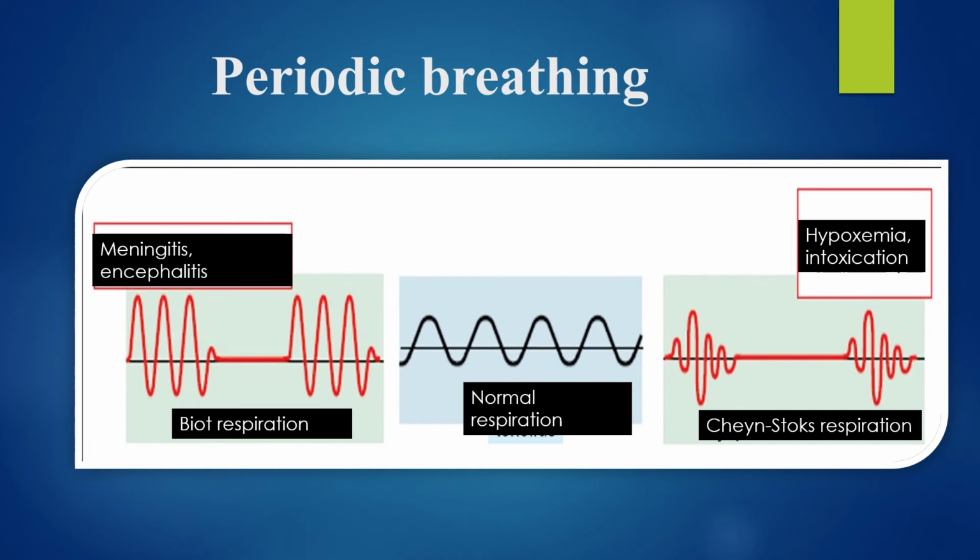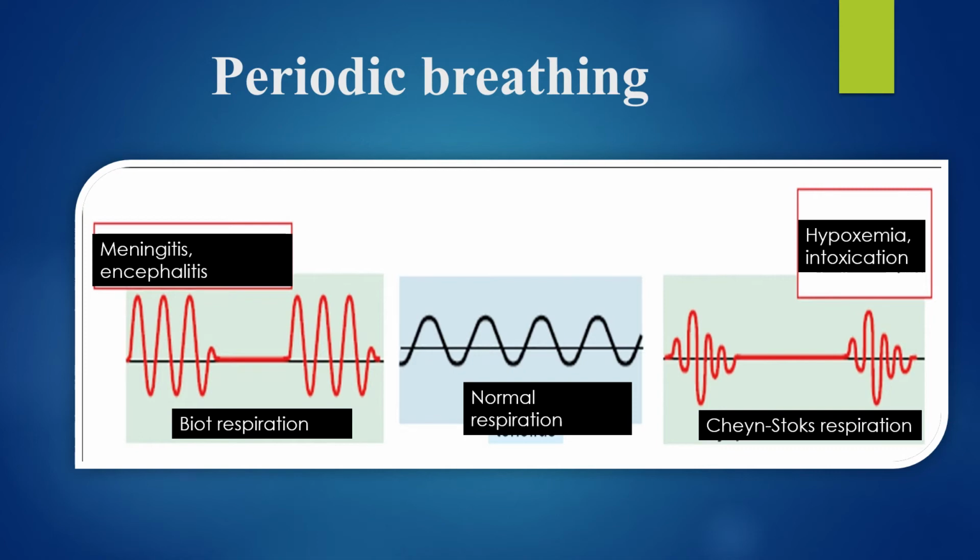Cheyne-Stokes breathing occurs mainly in pathological conditions leading to brain hypoxia, brain injuries, acute intoxication, and decompensated heart defects. During Biot breathing, accelerated and deep breathing acts are periodically replaced by periods of apnea.